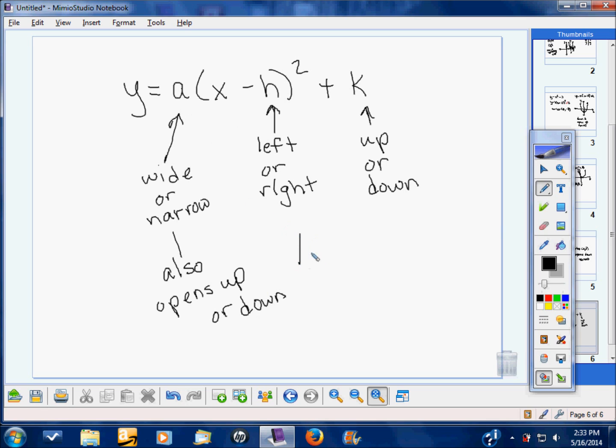Now, as far as how we can tell, if the absolute value of A is greater than 1, then it is narrow. If the absolute value of A is less than 1, it is wide.